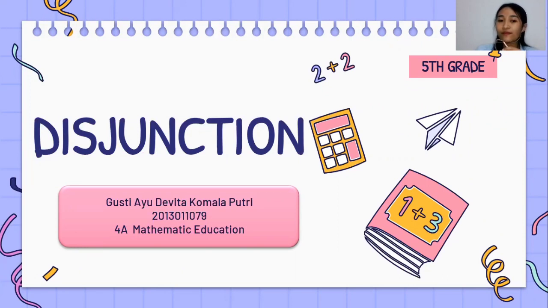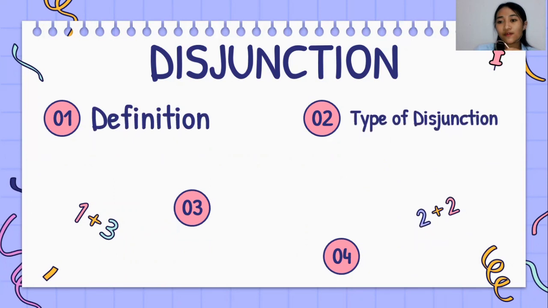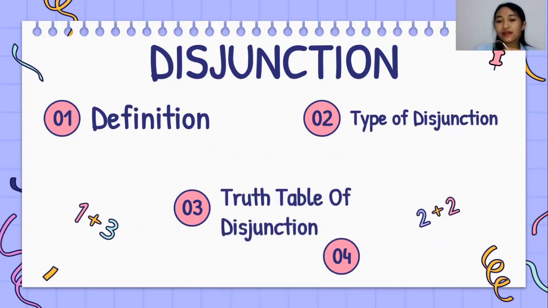And I am from 4A Mathematics Education class. Okay, in this topic, I will discuss the definition, types of disjunction, truth table of disjunction, and the last, examples. So, let's get started and don't forget to watch it.